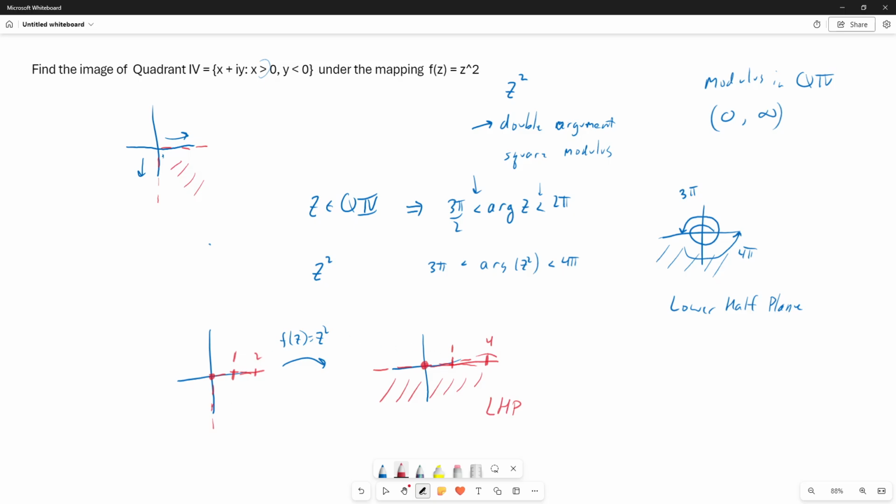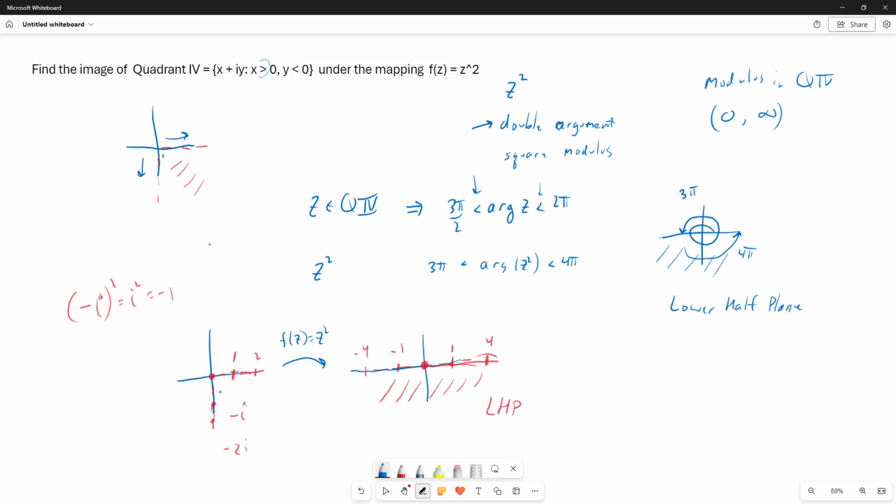And then the numbers on the negative imaginary axis, like negative i and negative 2i, if we square those, then negative i squared is the same as i squared, which is negative 1. So that lands us here. Negative 2i similarly will land us at negative 4 when we square that.